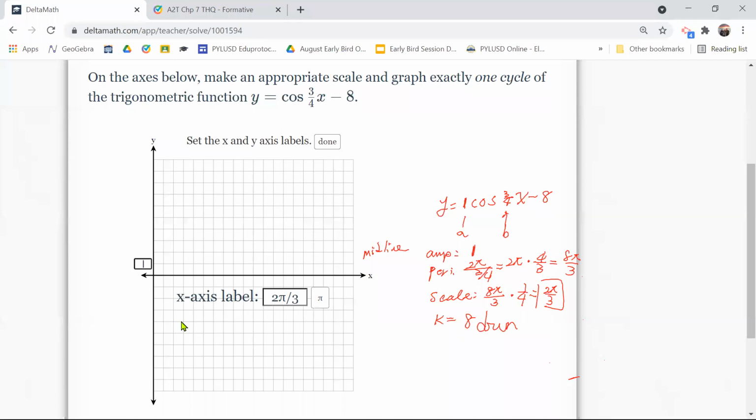So I'm just going to make my x scale, let's make it 2. But if I go down 8, I'm not going to have any space. I don't think they designed this question too well. I don't have enough space to go down 8. Let's see, do I have 1, 2, 3, 4, 5, 6, 7, 8? Oh, maybe I do. Okay, I'll just keep it.